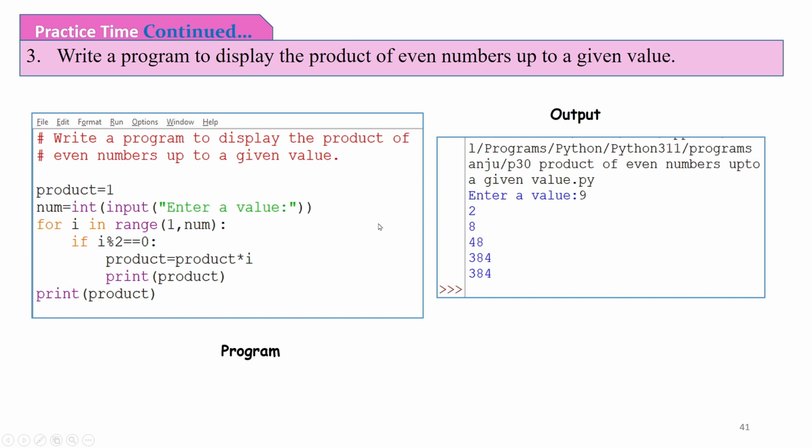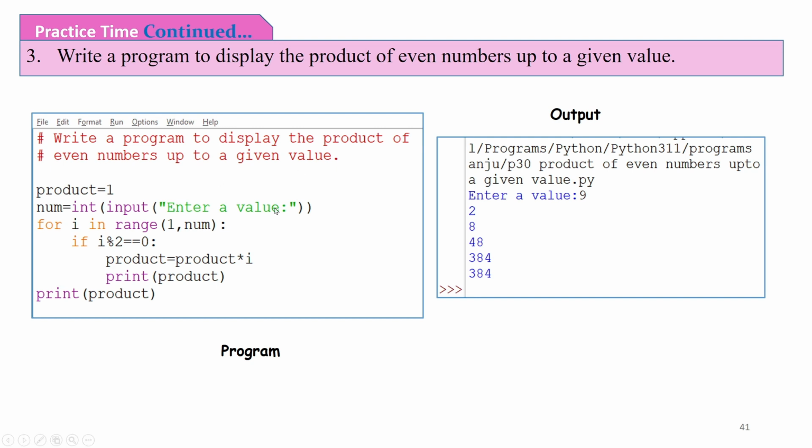So here, enter a value as an output. The value entered was 9. Now it starts from 1. So 1 divided by 2 doesn't give you 0, so this will not be executed. And then it again reaches i.